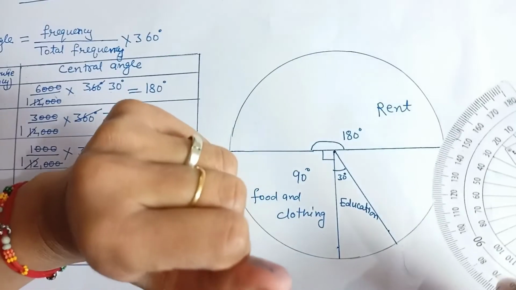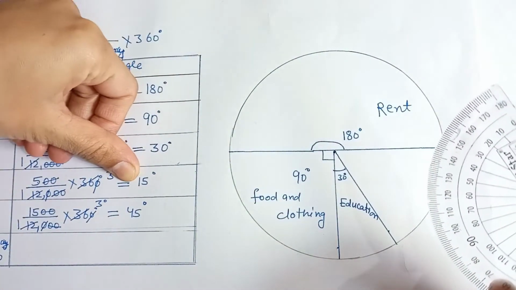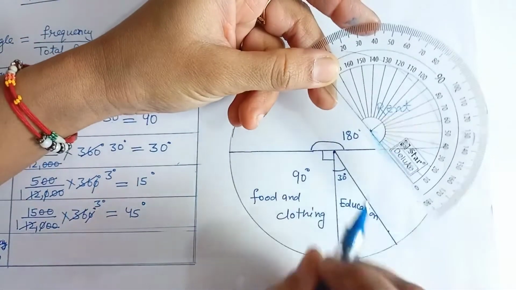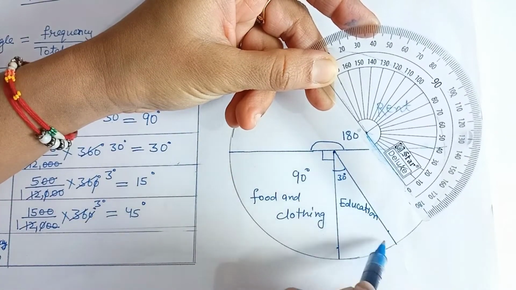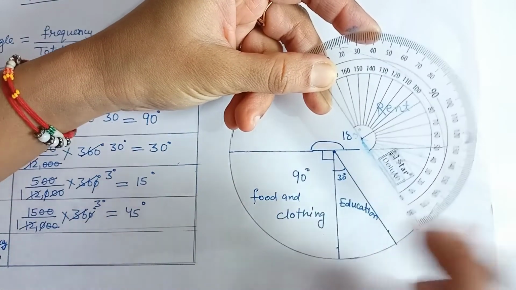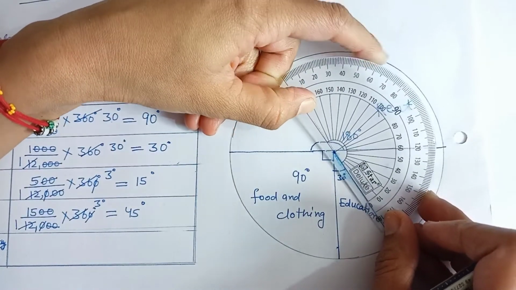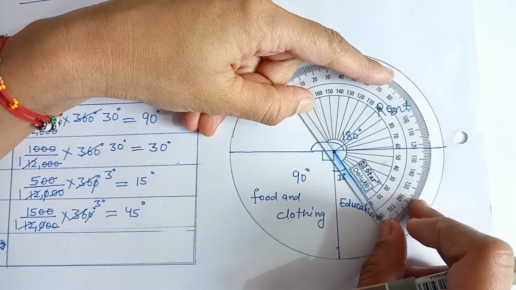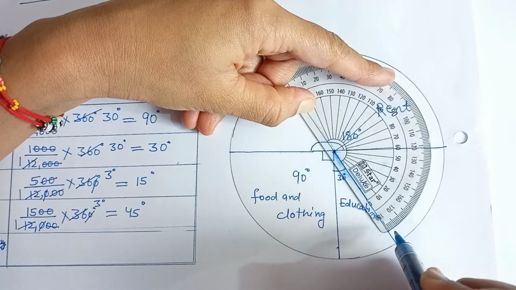Next is electricity, water and taxes, and the central angle is 15 degree. Again, what we will do? We will make the 0 degree line coincide over this line, and this dot at this point. So place your protractor like this, so that this point and the center of the protractor coincide, and the 0 degree line over this line. Now 15 degree.